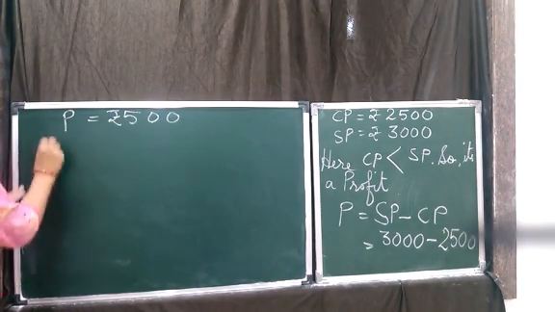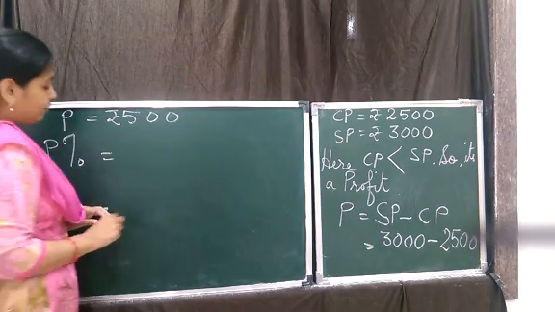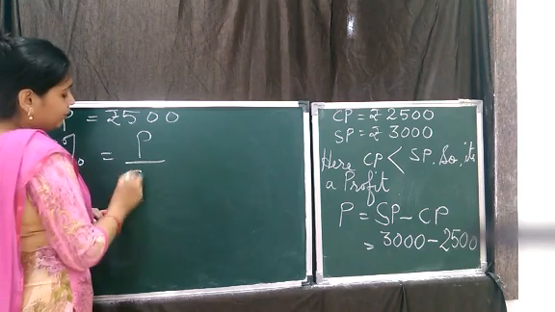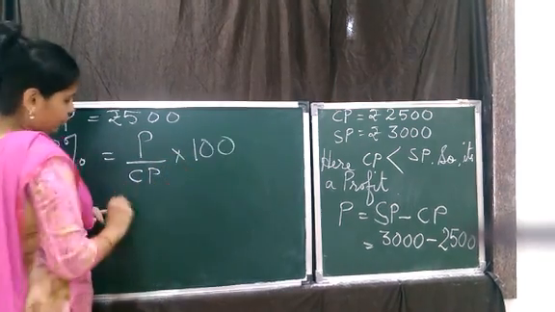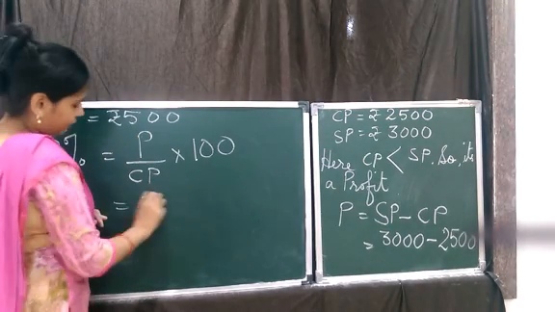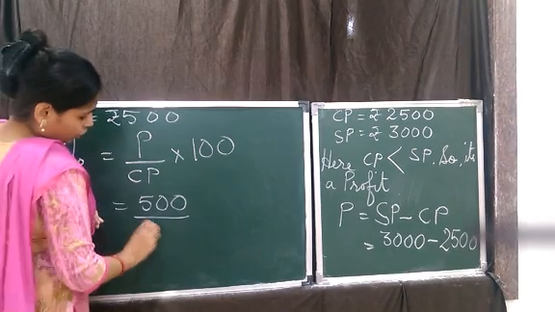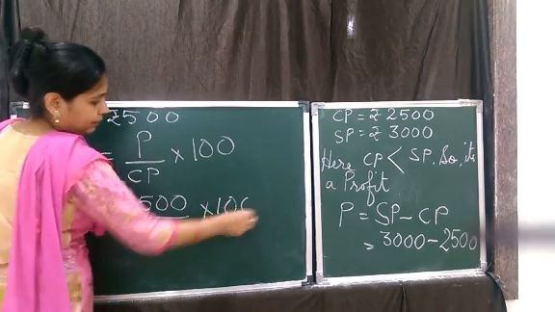Now we have to find the profit percent, children. We have already discussed the formula of profit percent. Profit percent is given by profit upon CP into 100. So profit is how much? 500. CP is 2,500 into 100.